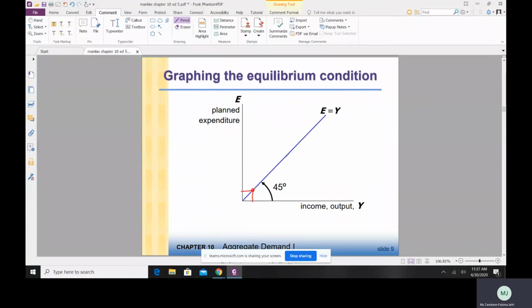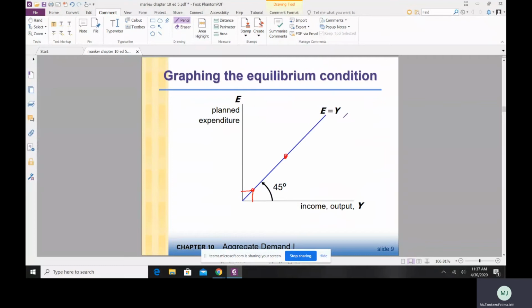If supply is 20, the demand is also going to be 20. So इस 45-degree line पे, it contains all the points where equilibrium holds. It contains all the points where supply equals the demand, where your planned expenditure is equal to your actual expenditure.